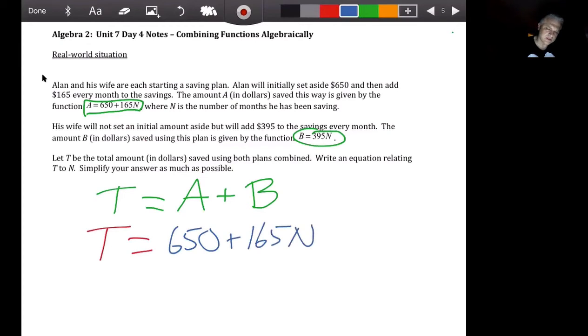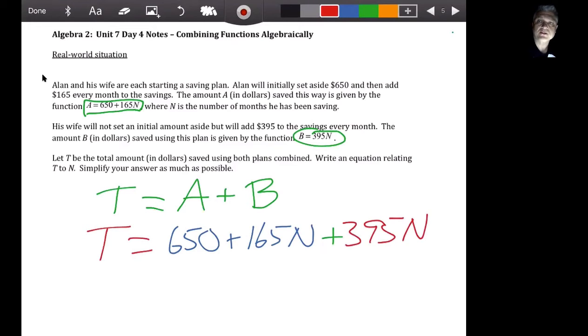How do I know? Because that's what it says A equals right there. So we put it right there, plus B, and it says B is 395N. That's not difficult at all.